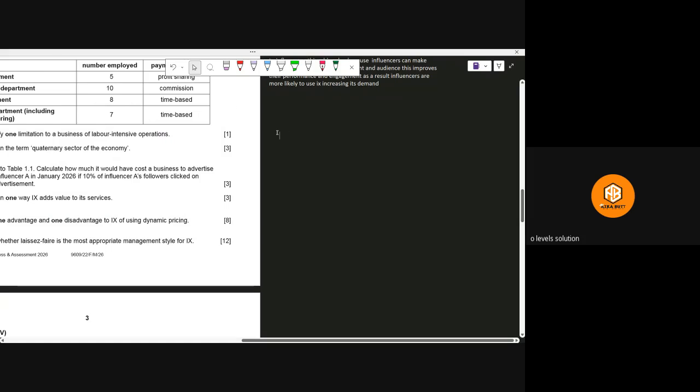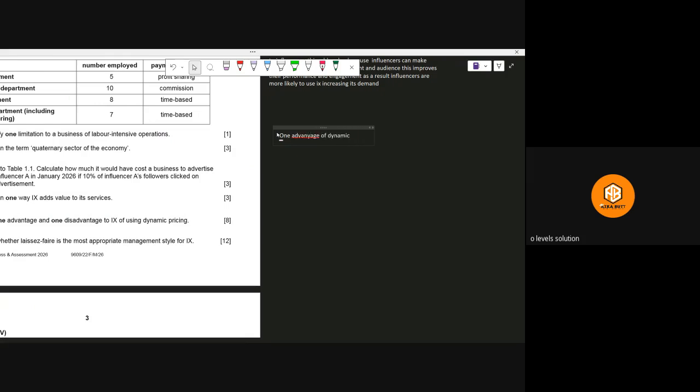So one advantage of dynamic pricing, according to me, for IX is that it allows the business to maximize its revenue, since IX charges advertisers based on the price per click.